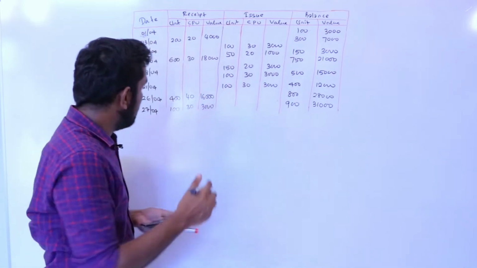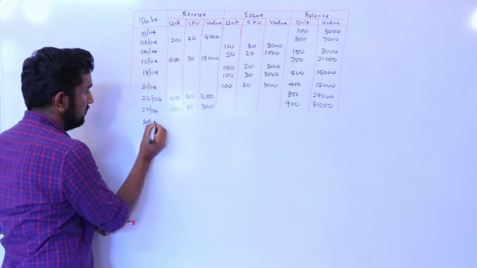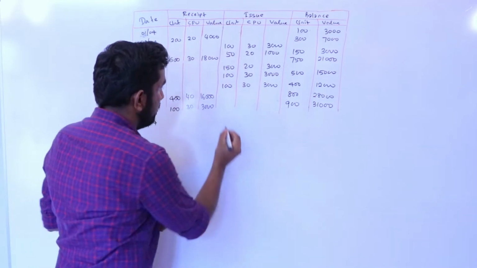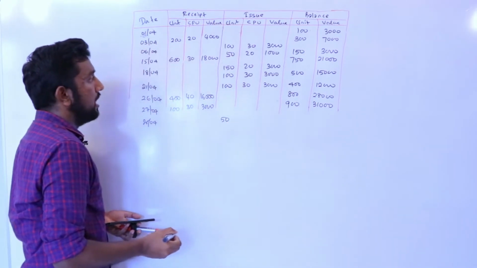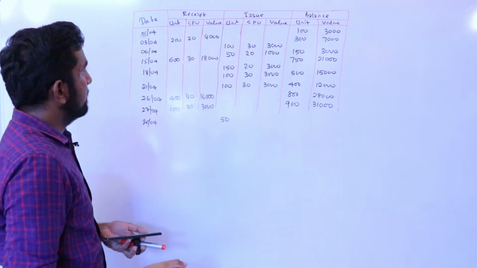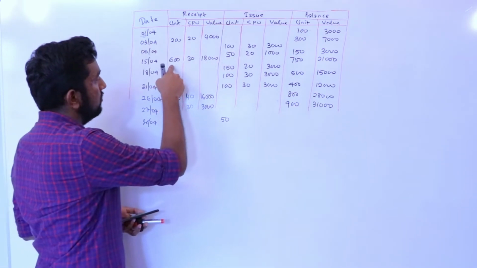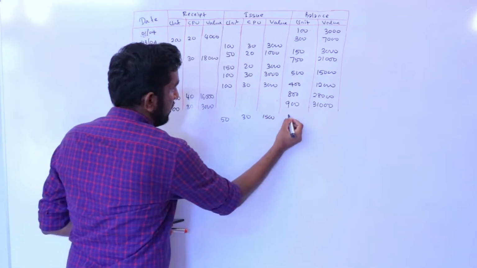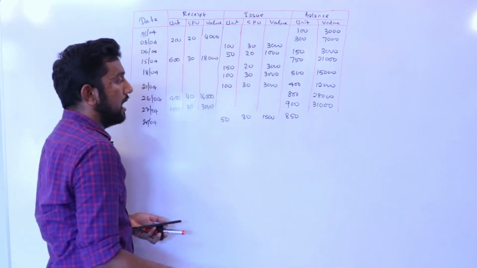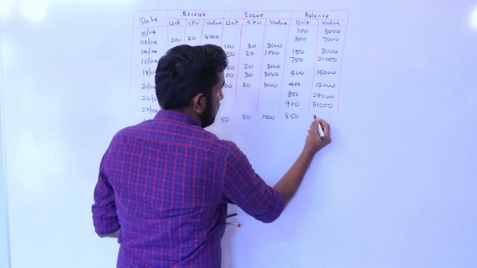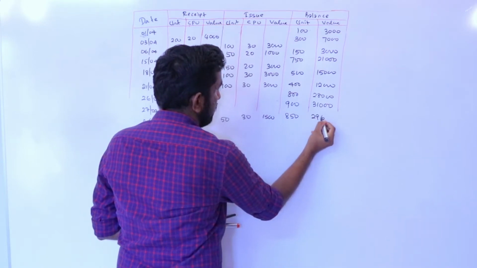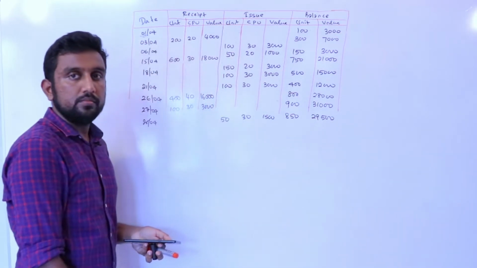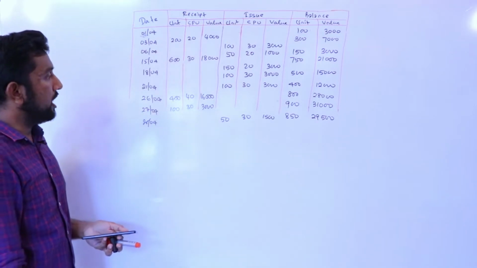So 28th again they are issuing. 28th they are issuing how much? 50 unit. At what price? I think from this one, right? Yeah. So 850, and this is how much? 29. So how 850 comes?